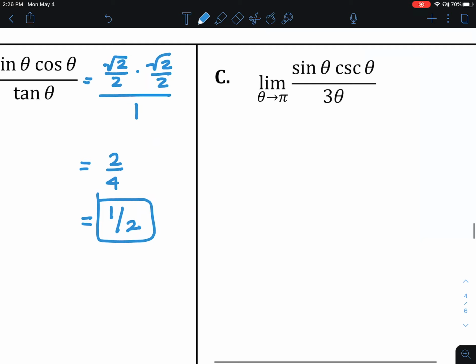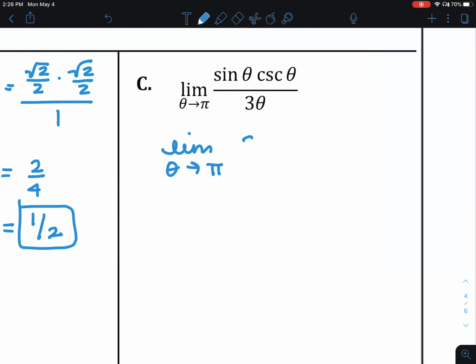All right. The limit as theta approaches pi, we have sine. And so this one I want to write out a little bit so we can get rid of some messy stuff here. This is 1 over sine times sine.